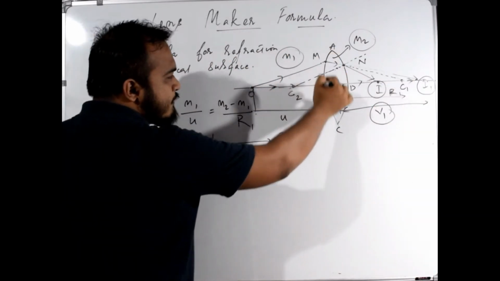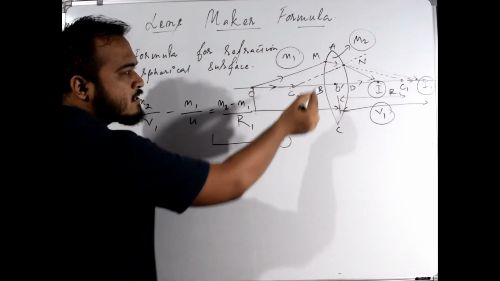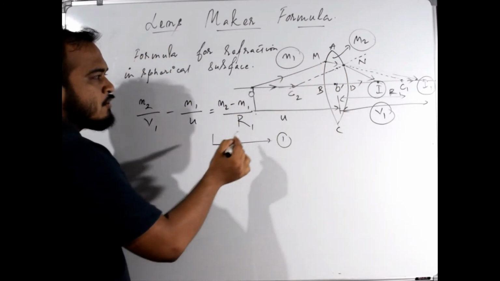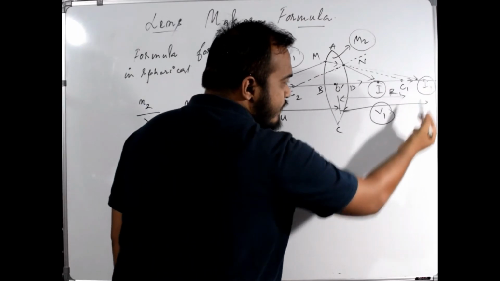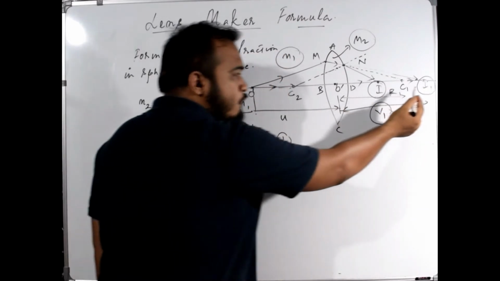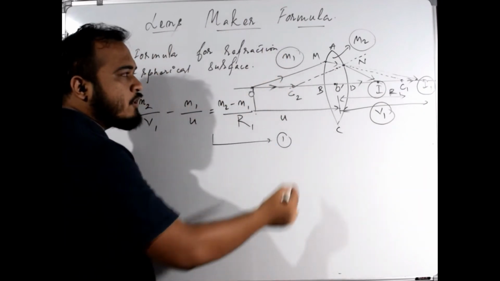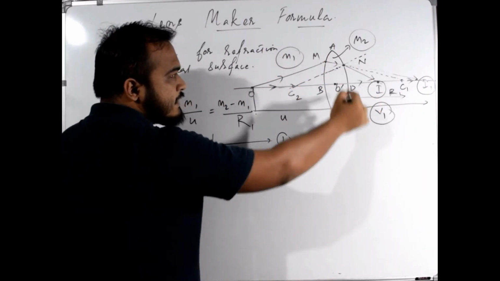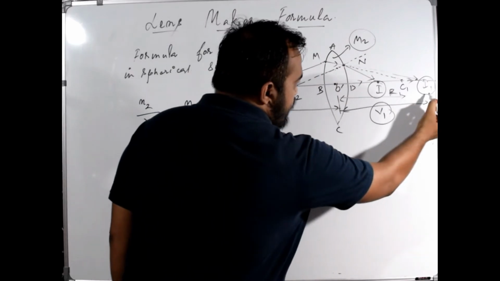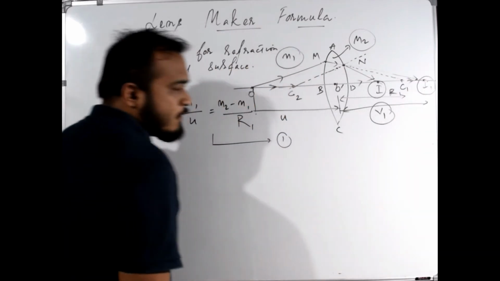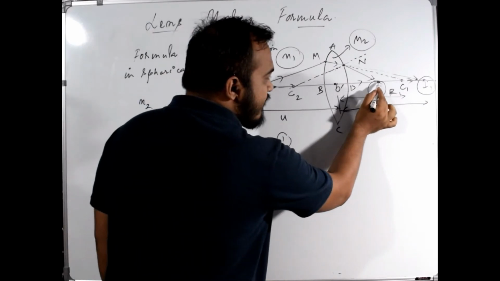For the surface ABC, which we have discussed earlier, O was the object and I1 was the image. Now if we consider the surface ADC, I1 will be the object and I will be the final image.